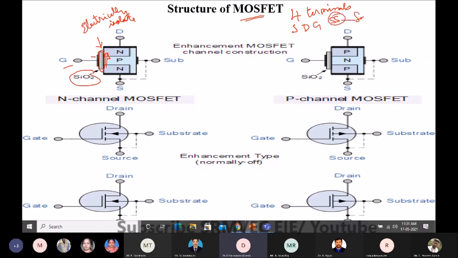We call it the substrate, or the body, or the bulk. So different names are given. This is the fourth terminal, and usually it will be connected with the source. In construction, when you are going for any application, it has to be connected with the source.